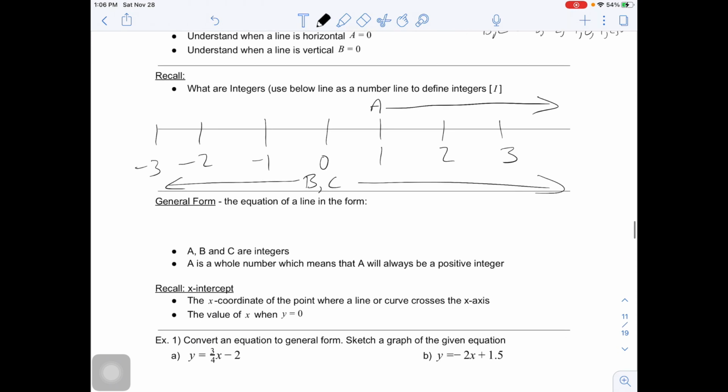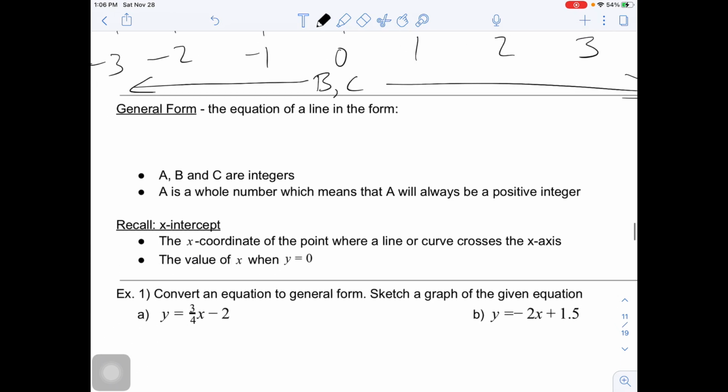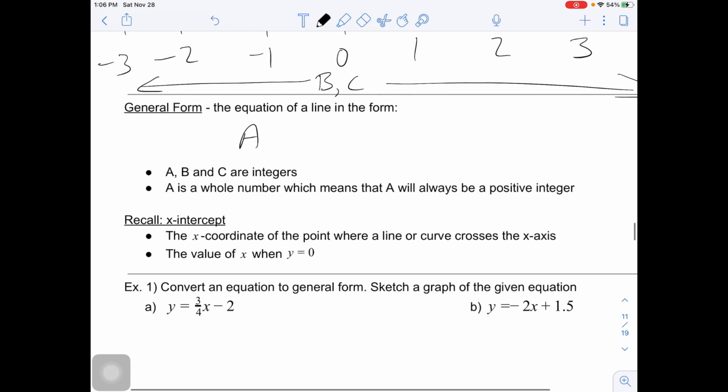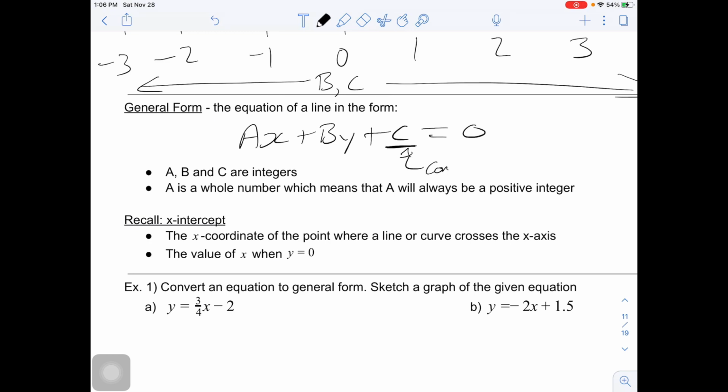Okay, now with the general form, our general form is always represented such that A is next to x, B is next to y, and then C is here. This C value is known as a constant. Okay, and again, A, B, and C are all integers, and A has to be a positive number.